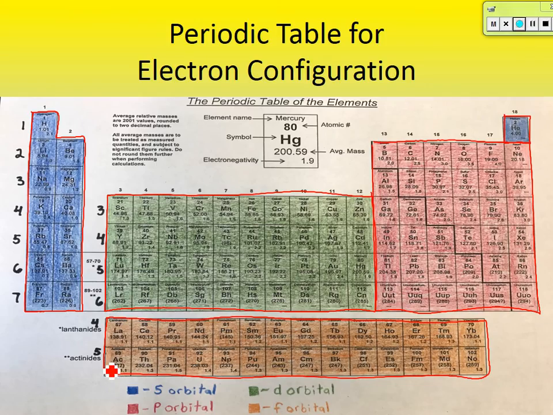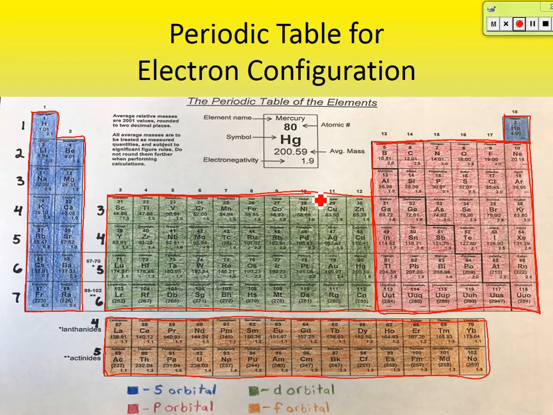And then I would like you to make this key at the bottom. Whatever color you colored these elements right here, this is the s orbital. And this block of elements is called the p orbital. So make a key that corresponds to the color that you colored those elements and put p orbital.